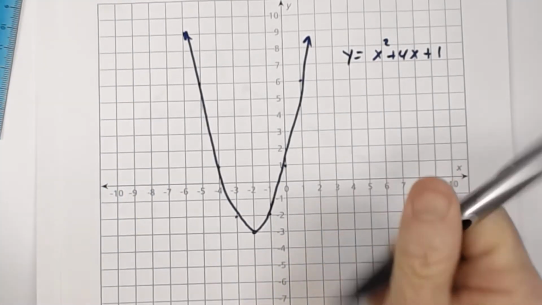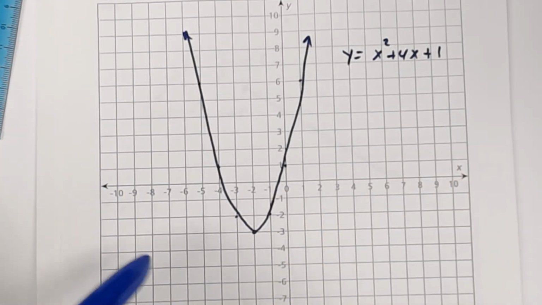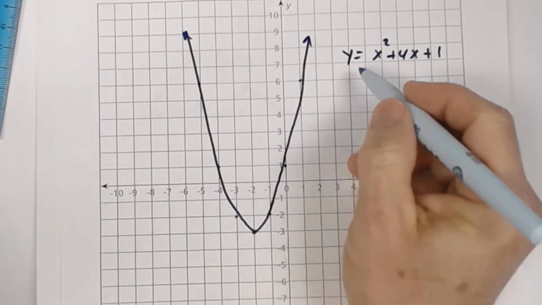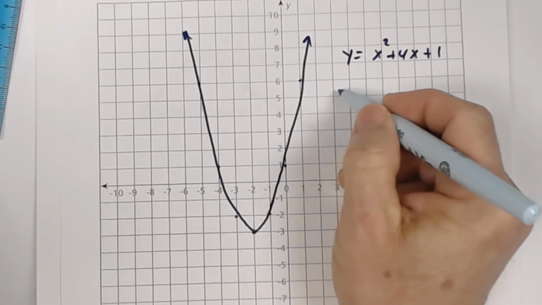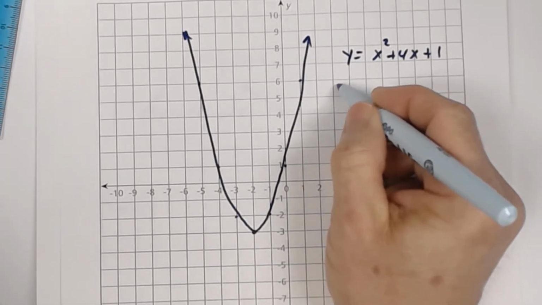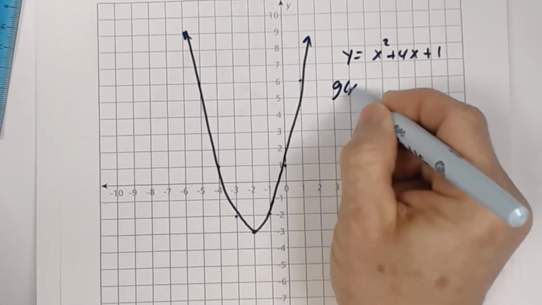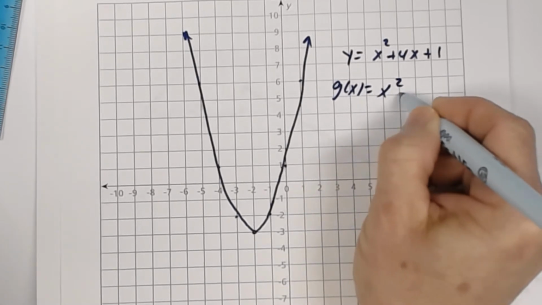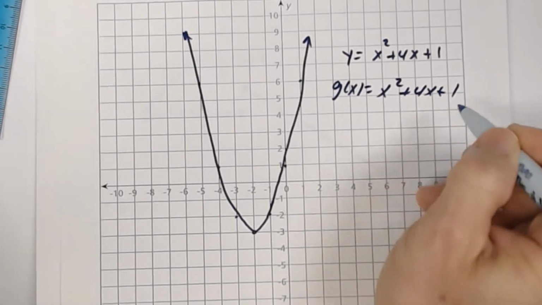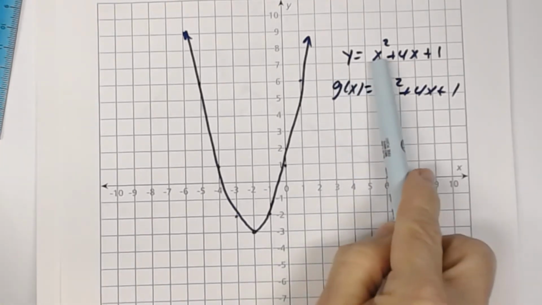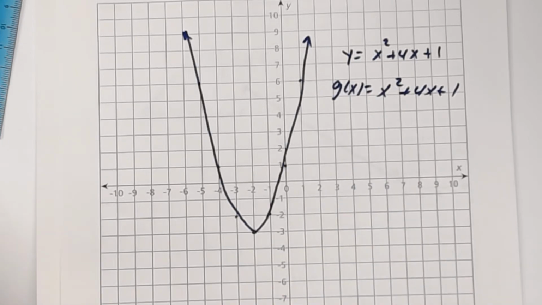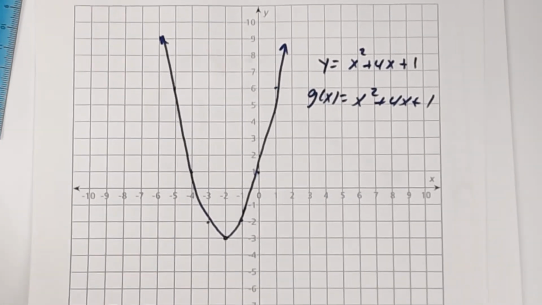It passes the vertical line test. Since this is a function, I can use function notation. So in other words, I can say g of x is equal to x squared plus 4x plus 1. So that's just different ways of writing the equation. Since that's a function, I can use function notation. Okay? So that's the idea about function notation.